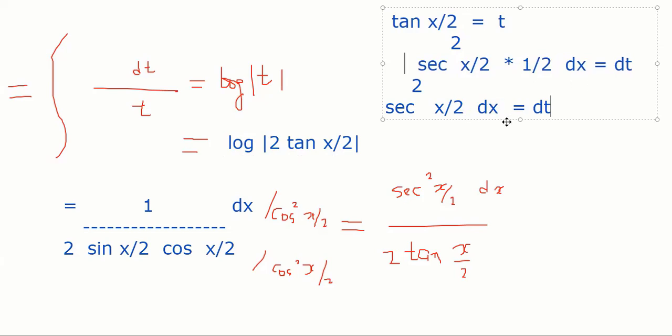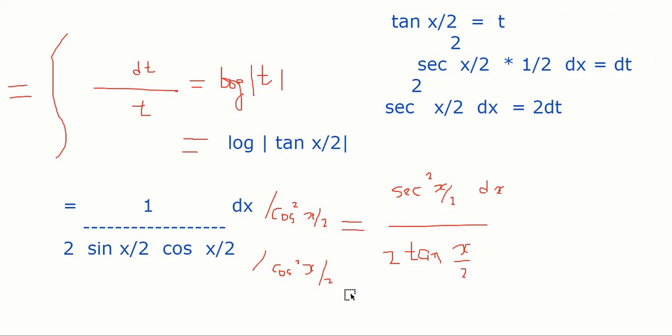So secant square equal to 2 dt. बात देखिए. So when you solve this, secant square x by 2 dx equal to 2 dt. 2 और 2 कट गया, dt by t आ गया, log t आ गया, log 2 tan by t कटता है. So somebody was saying, so this is the most easy way because integration of cosec x is log of tan x by 2 plus c.